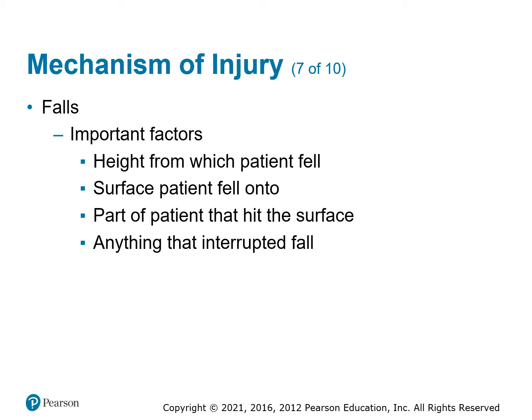Did they fall from a 2-story roof but land on a 1-story roof and then fall from the 1-story roof? Anything that can slow that fall down is hopefully going to prevent some injuries from occurring. But again, it all comes down to your assessment and knowledge of the scene. You really want to take good notes so that you can pass on all of that information to the hospital when you transport the patient.